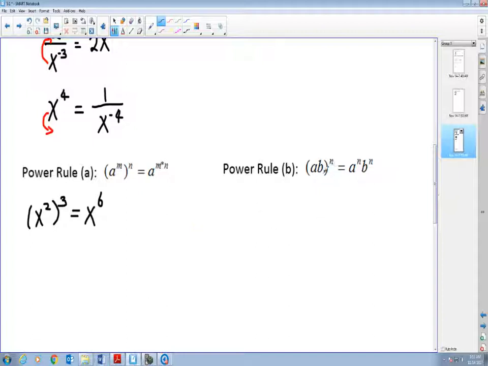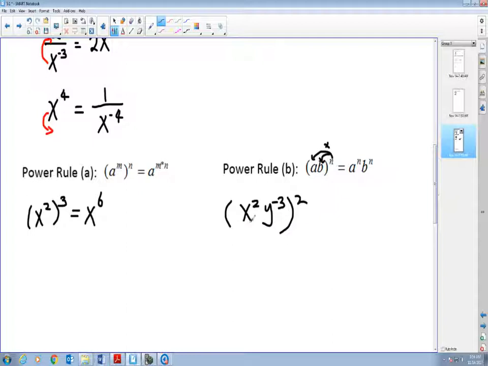If I have 2 different factors inside the parenthesis, both of them raised to a power, and on the outside raised to the n power, then my outer exponent will distribute its power, or multiply its exponent, on all the exponents of the factors on the inside. For example, if I have x squared times y to the negative 3rd power, but the whole thing is raised to a 2nd power.